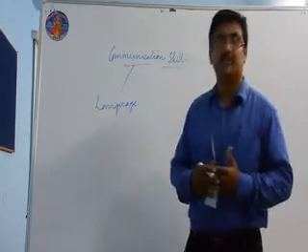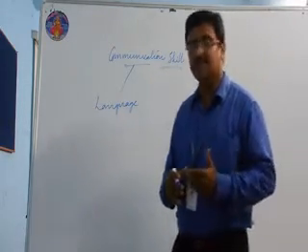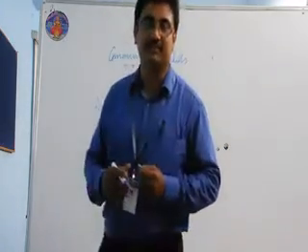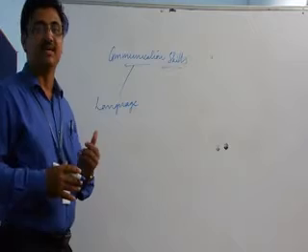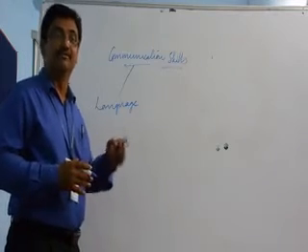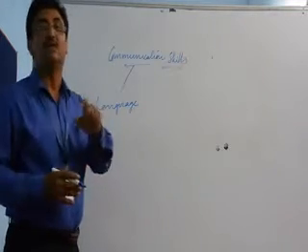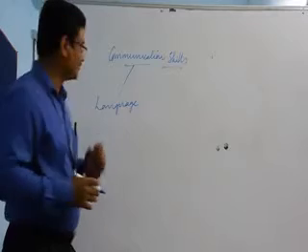Now come to the points of the language. In English, we have an easy alphabet to remember. We have just 26 letters, which help us to speak the language. But mainly for communication, we require sounds. The sounds are 44 in English.